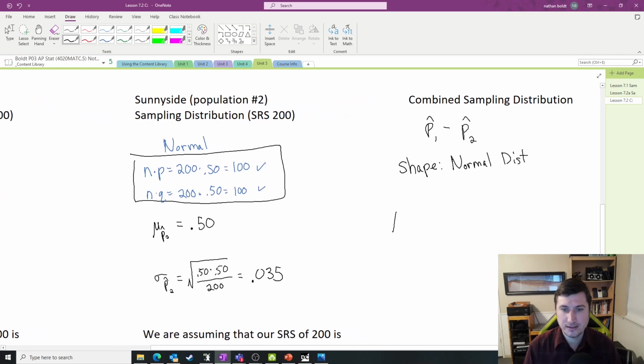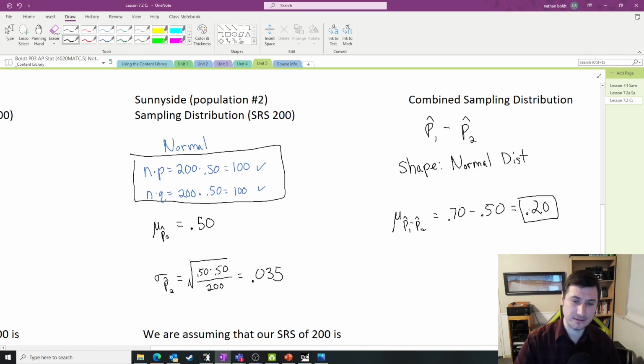All right, what is the average, the center of p1 hat minus p2 hat? What is the center of this sampling distribution? Well, it's going to be 0.70 minus 0.50. So the center of this sampling distribution should be 0.20. You can simply subtract the means.